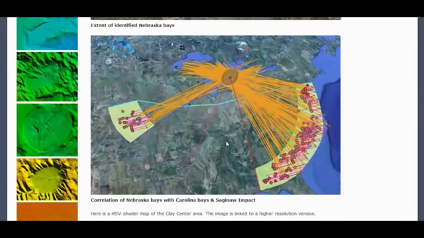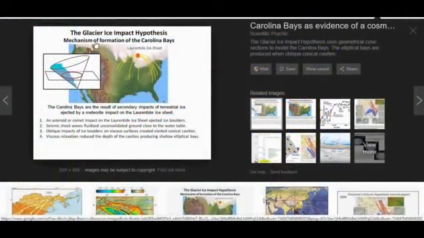So a new theory arose as to what caused all this, and that theory is called the glacier ice impact hypothesis, and this is probably the most popular idea now, or a hypothesis, sorry. Now this hypothesis relies on the fact that thousands of years ago there was this Laurentide ice sheet.